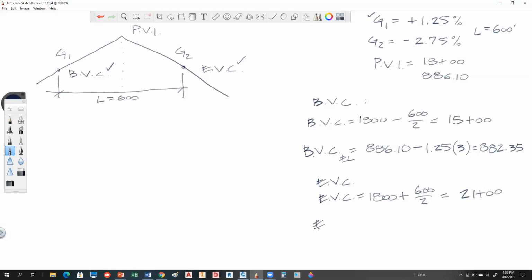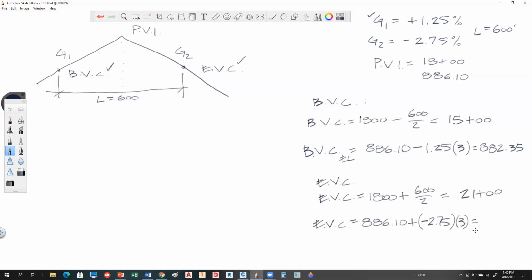EVC elevation is going to be equal to the PVI elevation plus whatever the grade is, which happens to be a negative, times 3 stations.